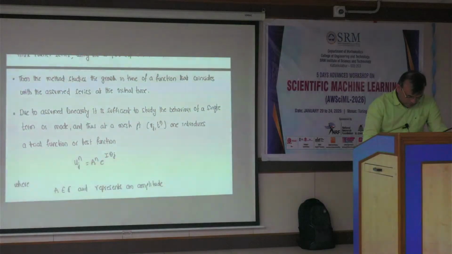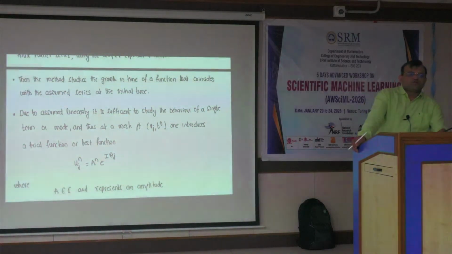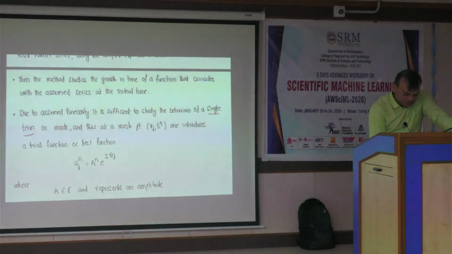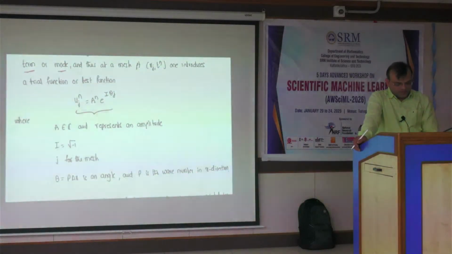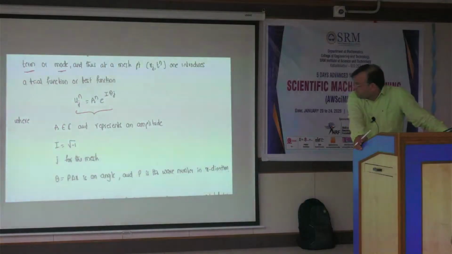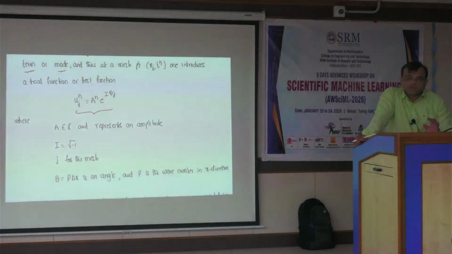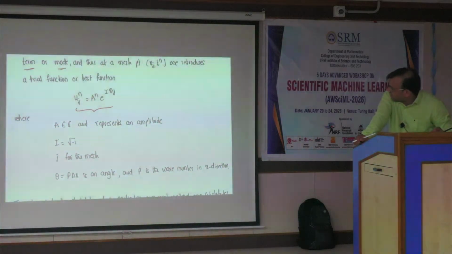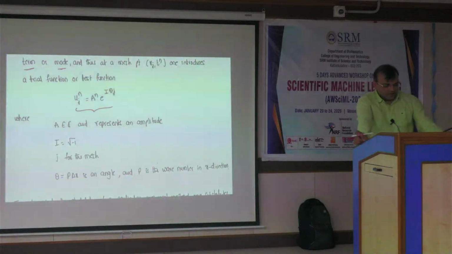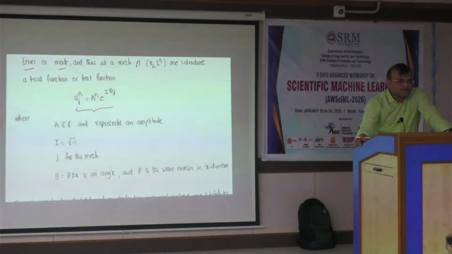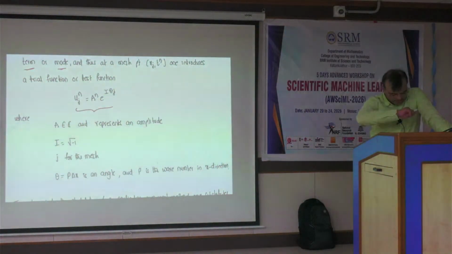Now we are going to analyze the Fourier mode for a single term, or single mode, and this is generally defined by u_j^n equals a to the power of n times e to the power of I theta j, where a is any complex number which represents the amplitude of the wave in the single mode, and capital I is the square root of -1, which is a complex number, and j is the mesh index, and theta is the phase angle of the corresponding wave in a single mode.